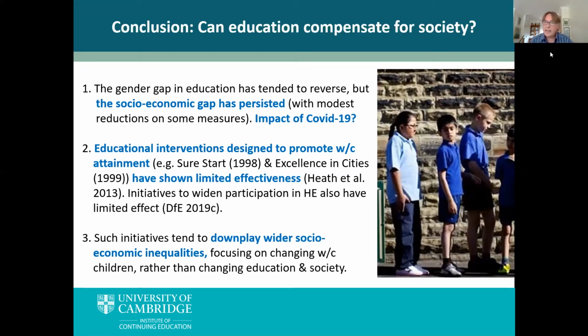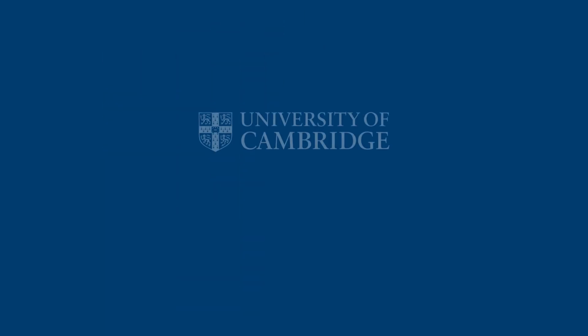You know, they need to take an aggregate approach, tackling the school curriculum, pupils' aspirations, school funding. So it needs to be a much broader package. And we need to move away from focusing on changing working class children. We need to think about changing education and society in total to understand educational inequality and to tackle it.